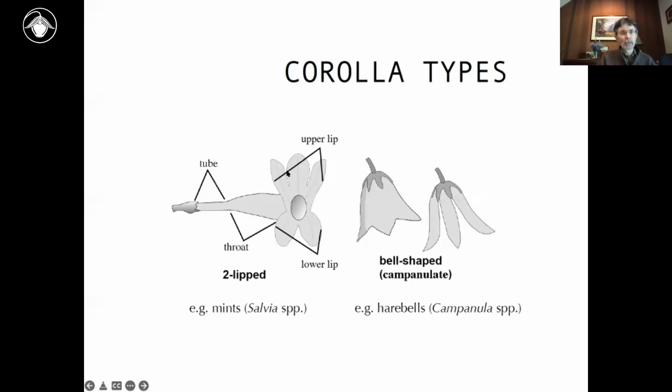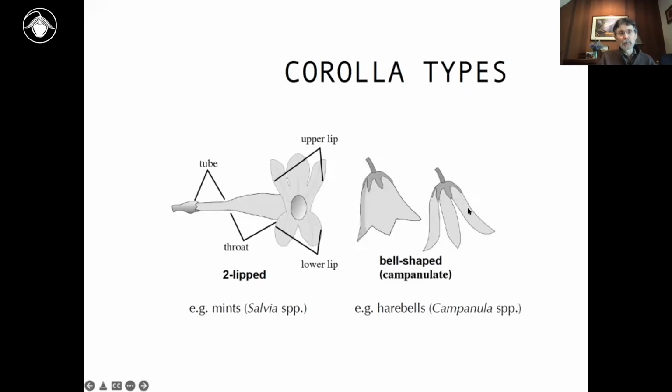This is what we see in plants with bilateral symmetry many times, where you can cut the flower in one plane to get equal halves, where there's an upper lip and a lower lip. And we call these two-lipped. You might see the term bilabiate as well to refer to the two lips here. And each one of these lips often has multiple lobes representing different petals.